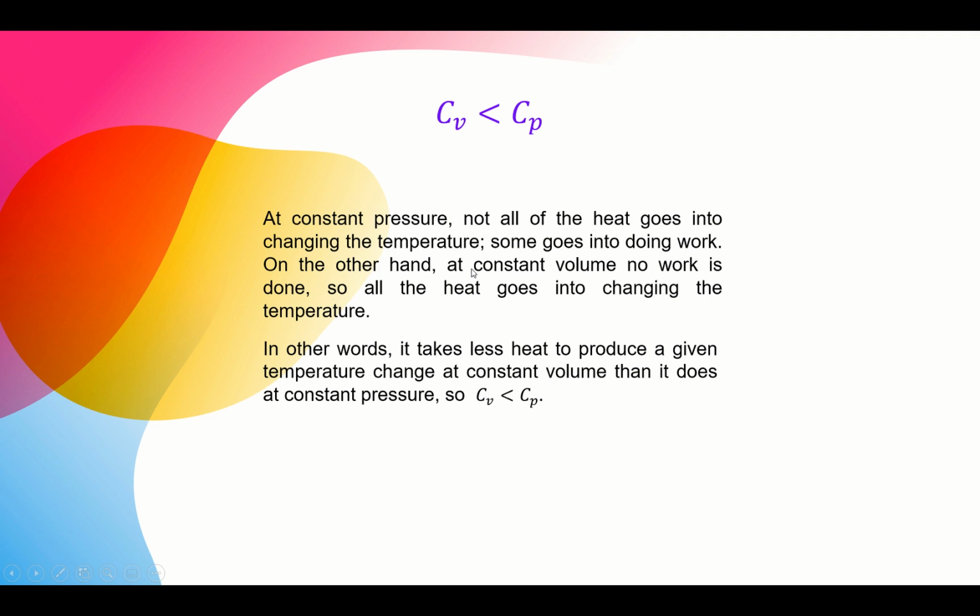In other words, when you're working at constant pressure, some of the heat goes to changing the temperature, some goes to work. So you have that balancing. But for volume, everything goes into changing the temperature. Hence, it will take less heat to produce a given temperature at constant volume. So you don't need so much at constant volume.